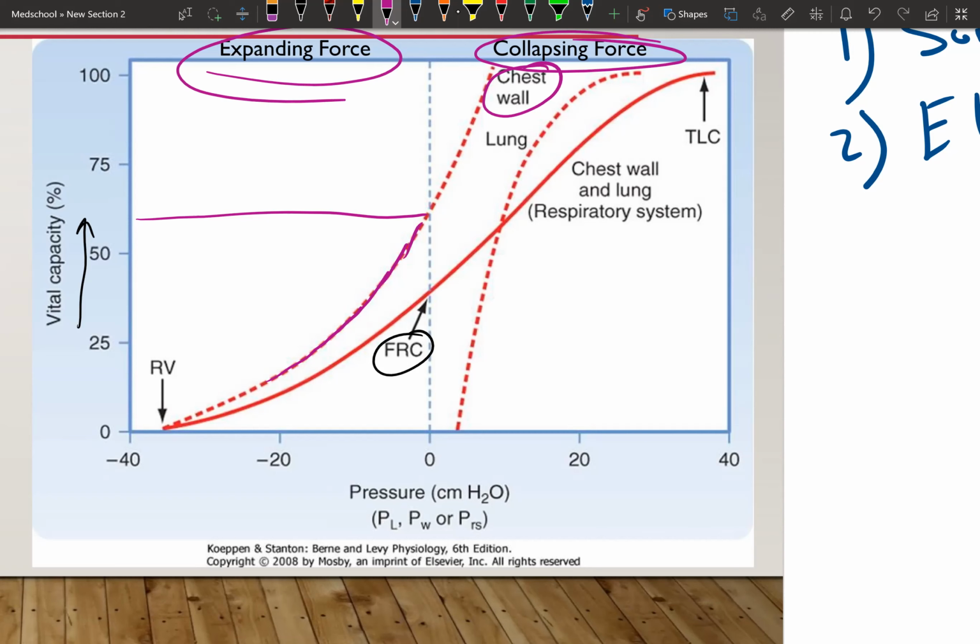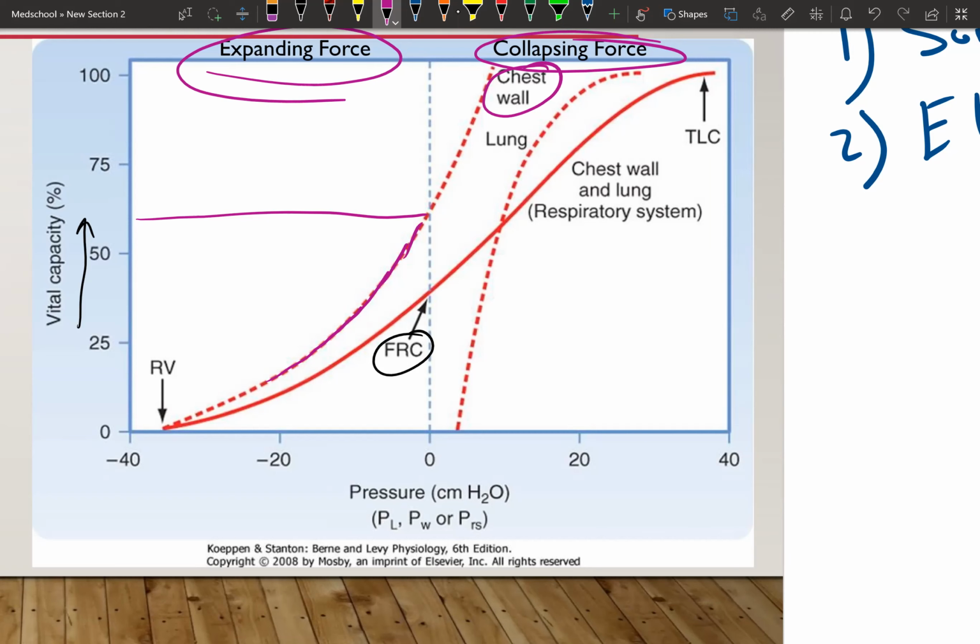The lungs will recoil inward due to surface tension and elasticity, and the chest wall will go outward. Now, it doesn't just keep opening outward. The entire chest wall won't open up like in an Aliens movie, right? It'll recoil outward, but to its native conformation, right? Okay, that's at 60% of vital capacity.